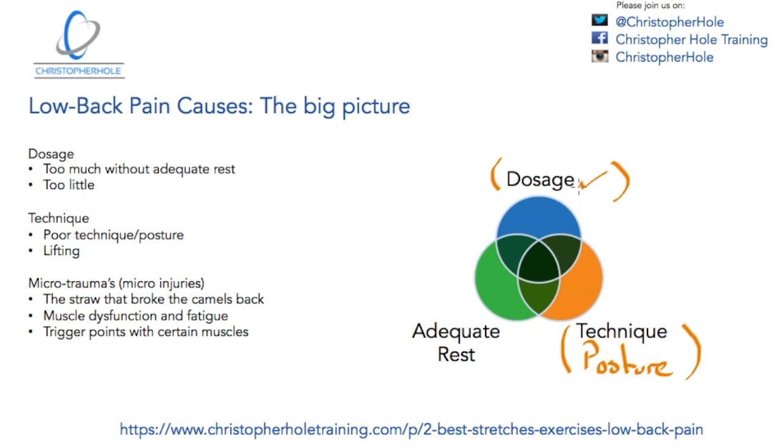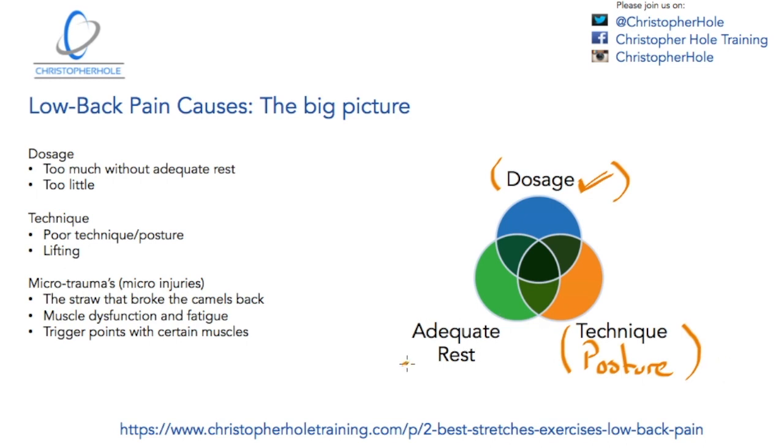So if we use a joint too much and we overdose exercise or activity on it, or we overstress on something, we're giving ourselves a high dosage of stress, be it physical or mental stress. If we then have poor technique and poor posture, or we're sat for long periods of time, then we're going to again be increasing the pressure on certain joints and on certain muscles. They're going to fatigue more, and so on and so forth.